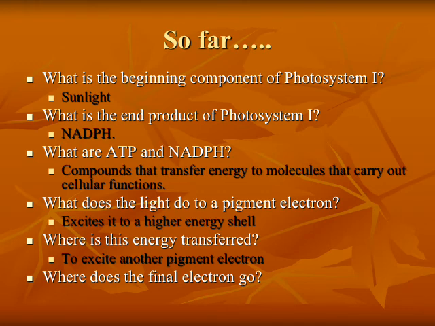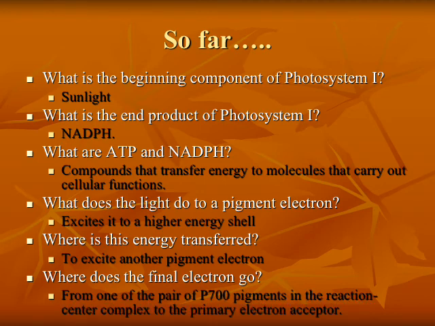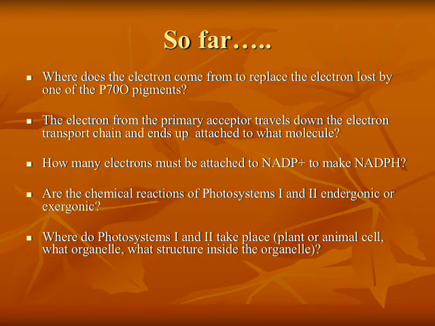Where does the final electron go? From one of the pair of P700 pigments in the reaction center complex to the primary electron acceptor. And remember, that's in the middle of that photosystem. Where does the electron come from to replace the electron lost by the P700 pigment? From photosystem 2.